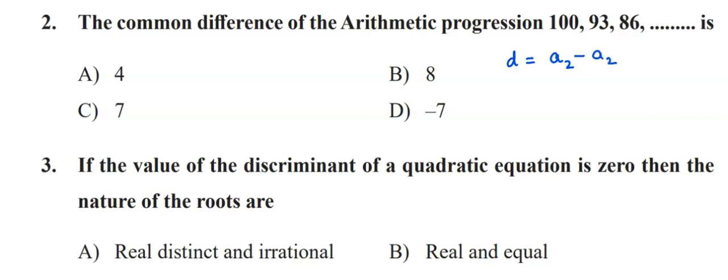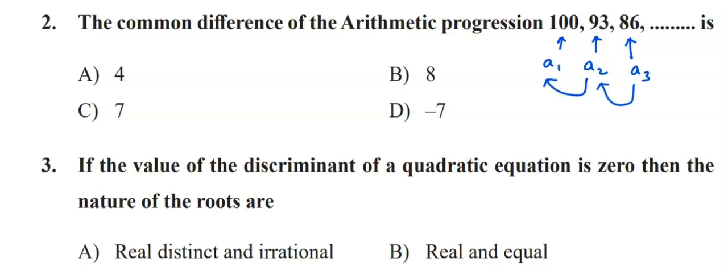It means that the difference between the next term and the previous term should remain the same. For example, let me say this is my first term A1, this is my second term A2, this is my third term A3. If we do A2 minus A1, it should be equal to A3 minus A2.